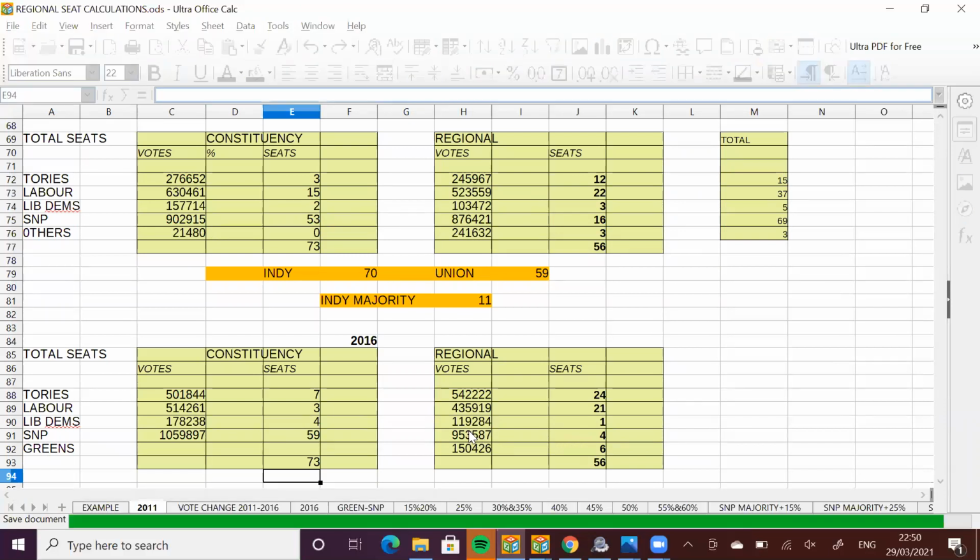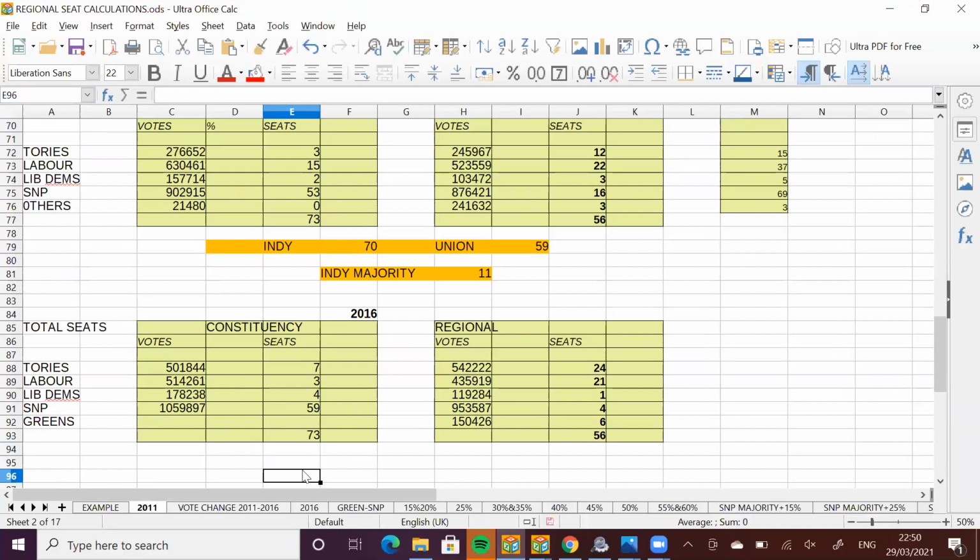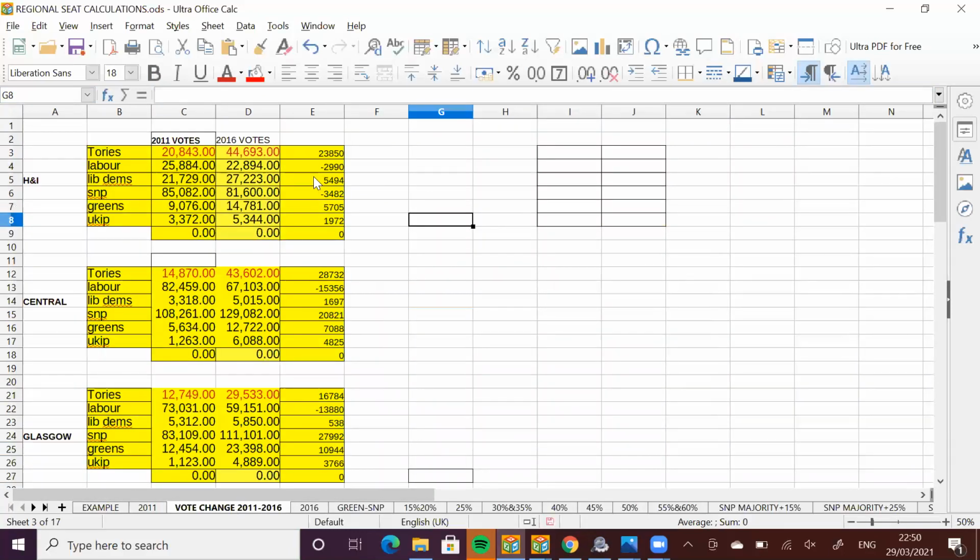And if you look at the votes, that was 953,587 votes for 4 seats, compared to nearly half of that for around 20 odd. I find this interesting as well. This is the vote change between 2011 and 2016 elections.